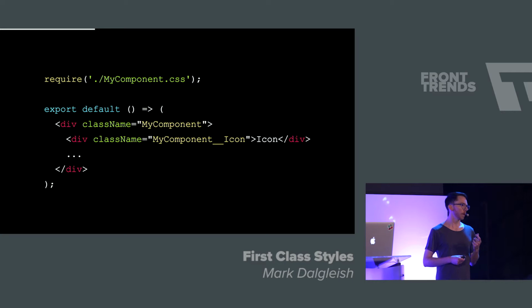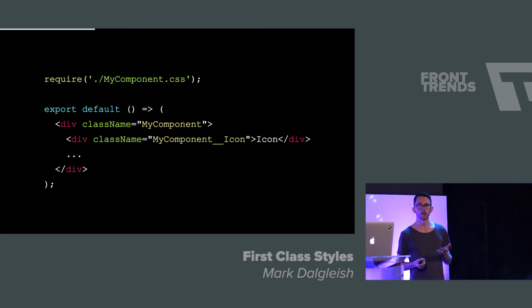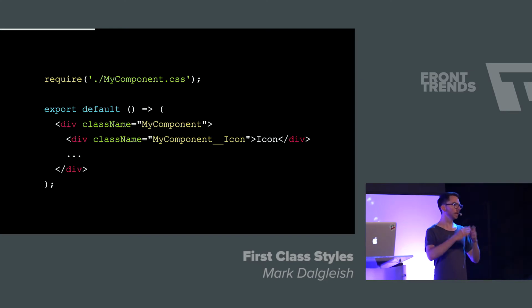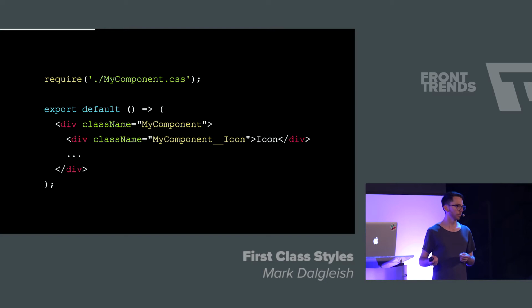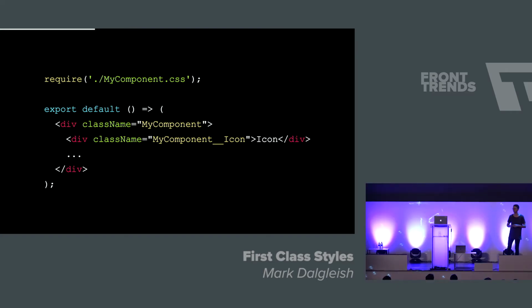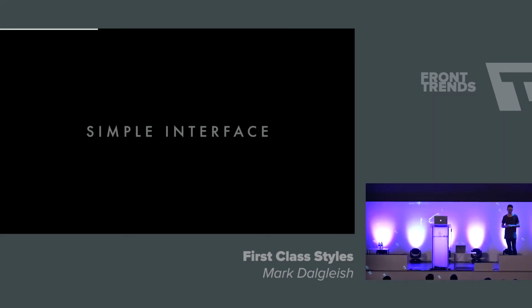So with Webpack, what we're able to do in that first line is actually explicitly require the CSS needed to render this component correctly. So whereas previously you would have a big global ball of CSS and everything just kind of assumed that the right classes were in that style sheet, here the relationship is very explicit. And that CSS will only be included in your bundle if it's actually required. So you get kind of dead code elimination in your CSS for free.